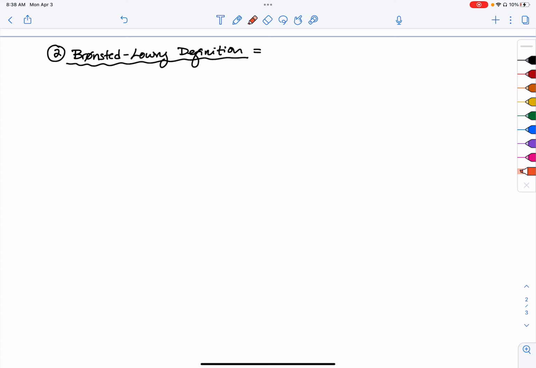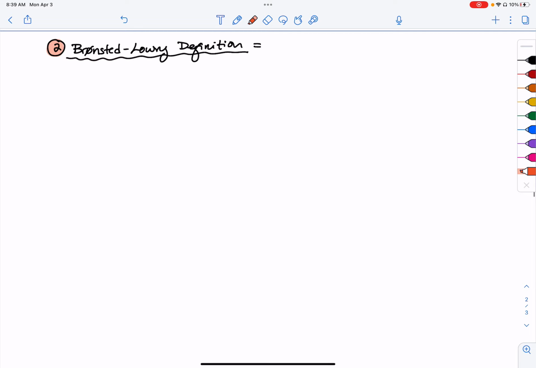And as I mentioned before, that's kind of our definition of what an acid looks like, how you could identify an acid. You say, oh, does this have an H plus that could be put into solution? However, this next definition, the Bronsted-Lowry definition, describes better what an acid does chemically, like how an acid behaves.